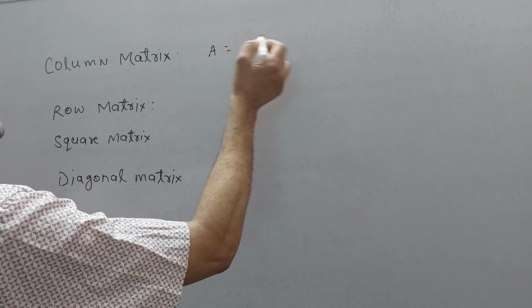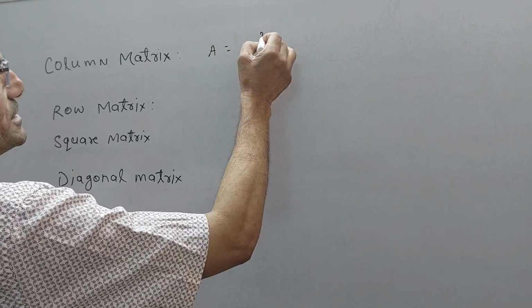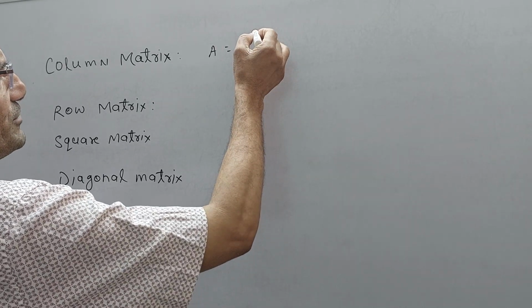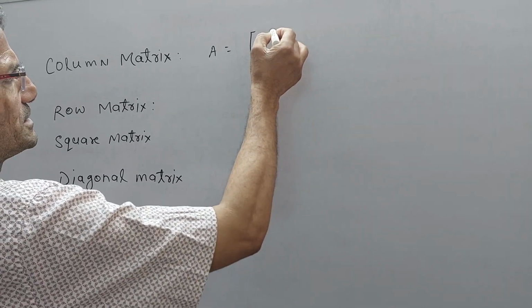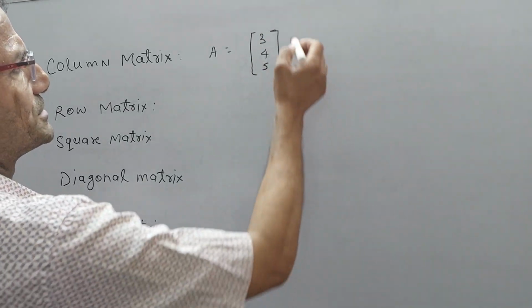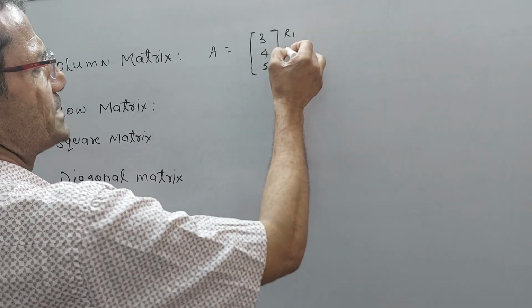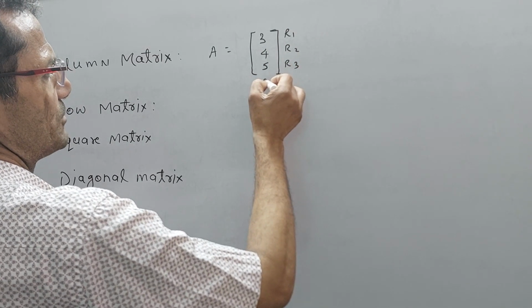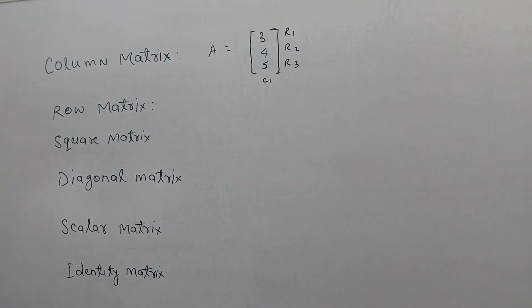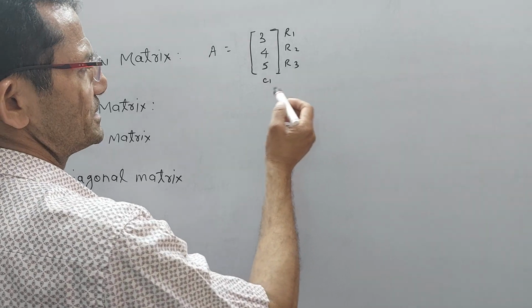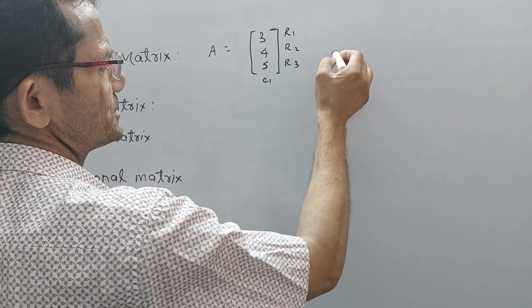Let us suppose it has entries 3, 4 and 5. 3, 4 and 5 is a column matrix. It has only a single column and 3 rows: first row, second row and third row, and we have only one column. So this is called the column matrix. Now how will be the order of this one? There are 3 rows, so its order.